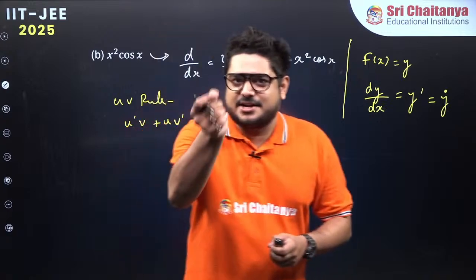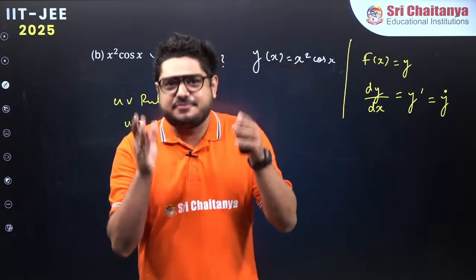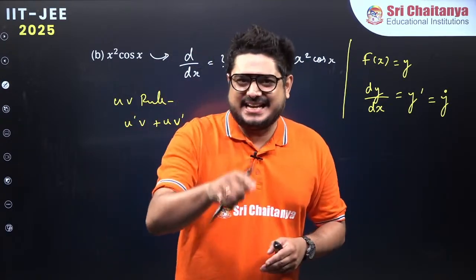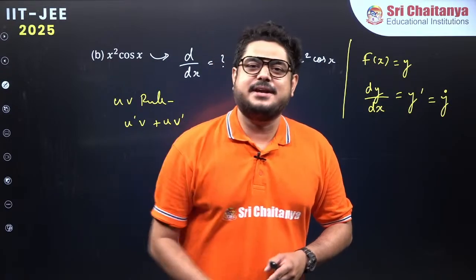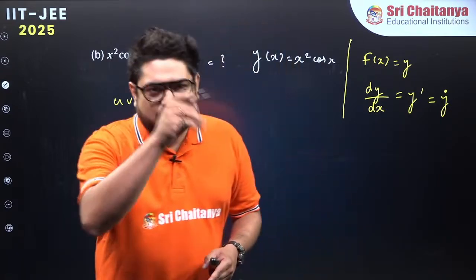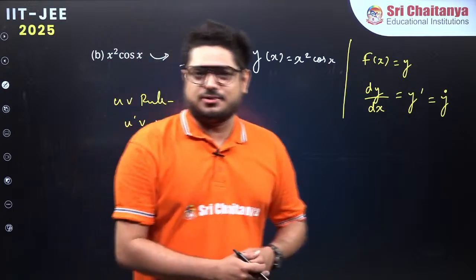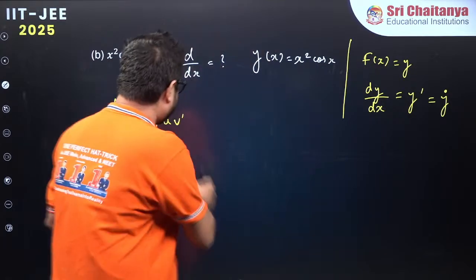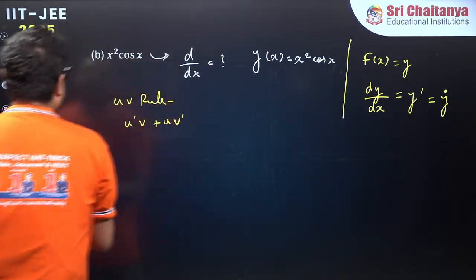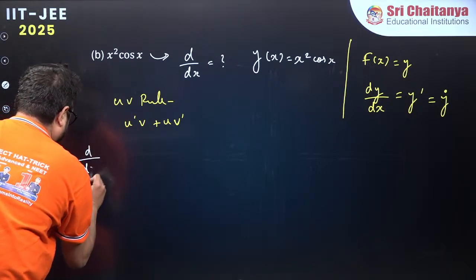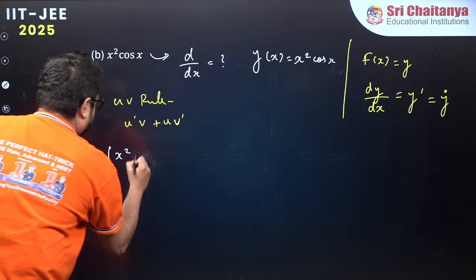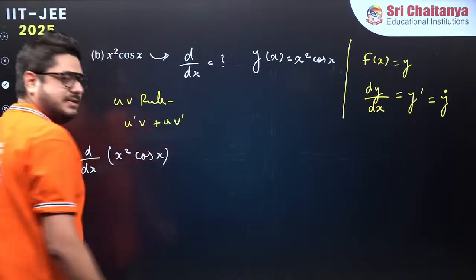First of all, we consider U to be a variable and V to be a constant, so we differentiate U first. Then, with a positive sign, we take V to be a variable and U to be a constant, so we differentiate V. So we can write it here as d by dx of x square cos x.